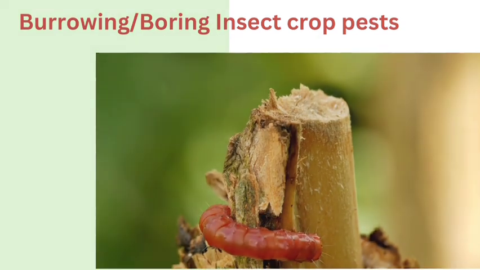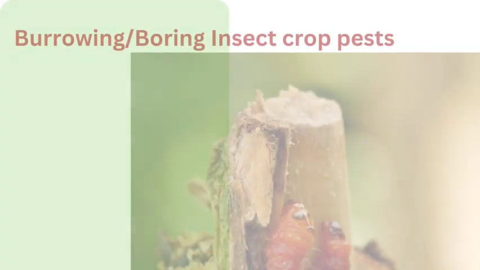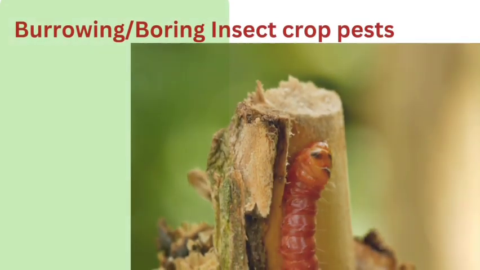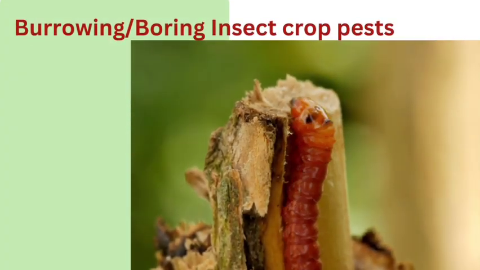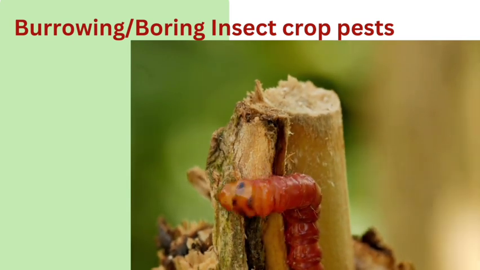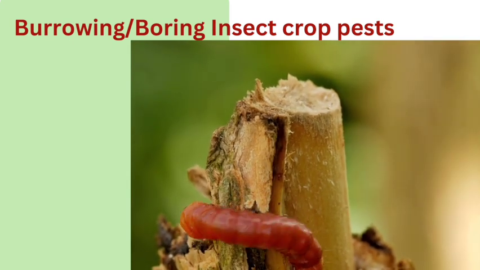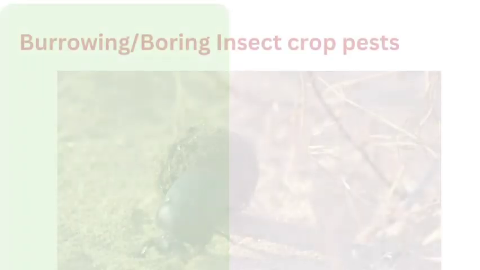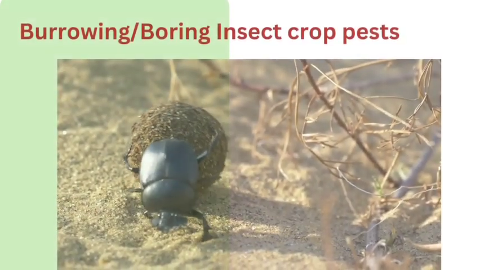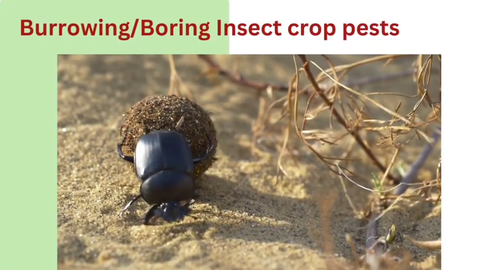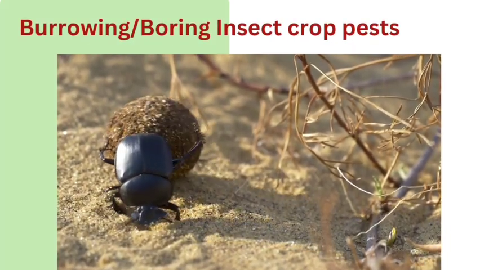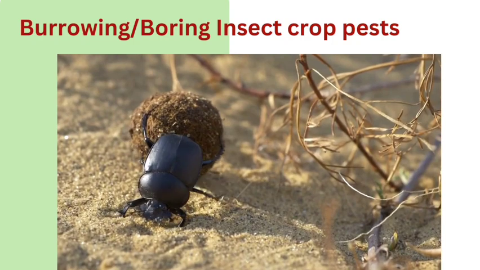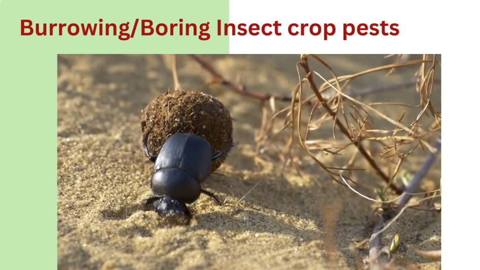Now the next one is the burrowing or boring insect pests. What they do most times is to eat up the juicy centers of stems. They can also burrow into the cotyledons of stored seeds. There are two major examples: we have the stem borers and we have the weevils.